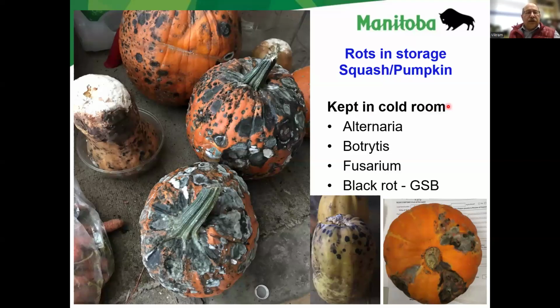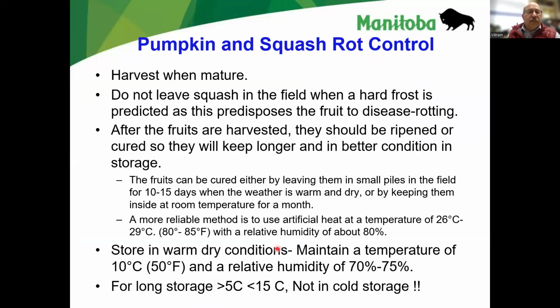And this is what happened. I had kept some for research in a cold room, and I lost basically all of them. So what I learned is do not keep them in a cold room. Keep them in a warm place.